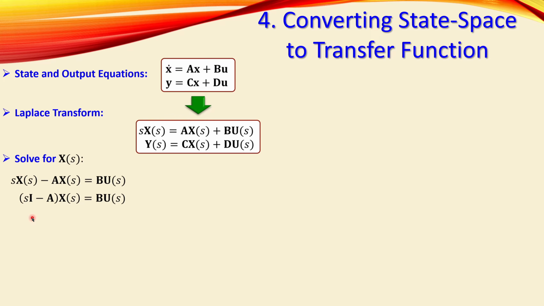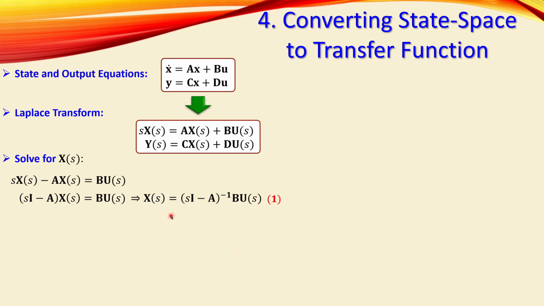That is the matrix-vector world, times the x outside is equal to Bu, all of them in the s variables. Now I have this. If I go from here to there, I need to take the inverse of that one on the left side, which means also on the right side, so (sI minus A) inverse times Bu.